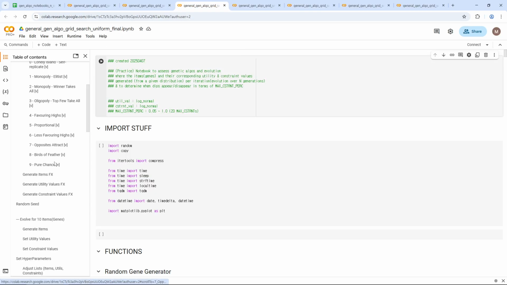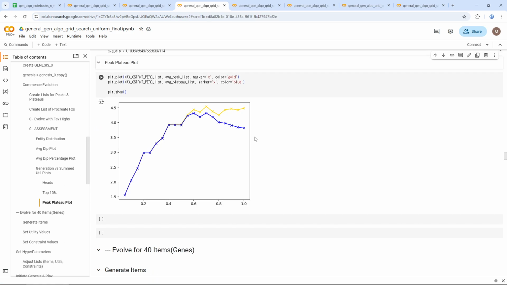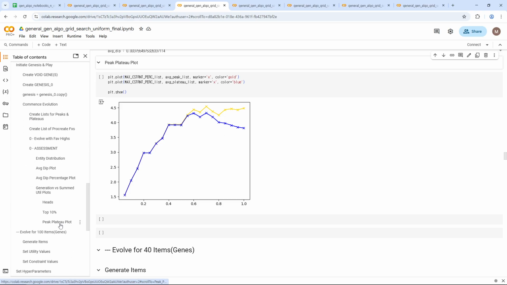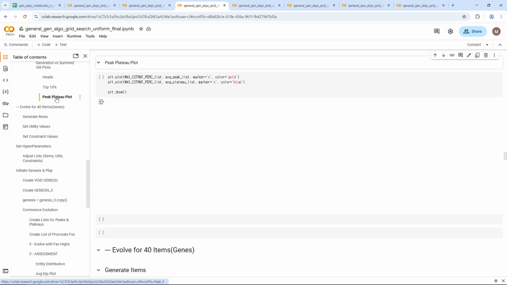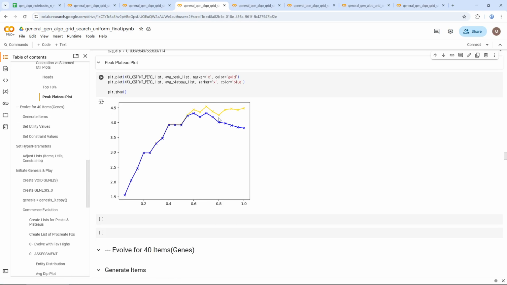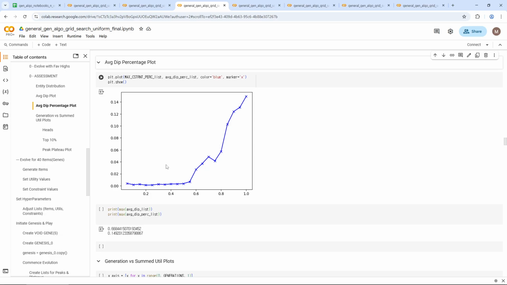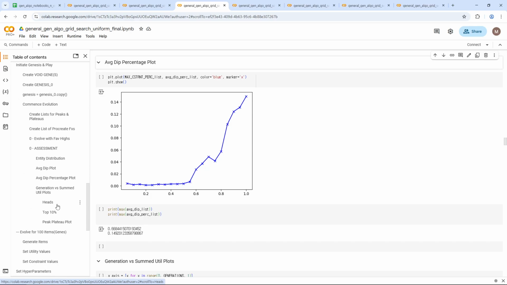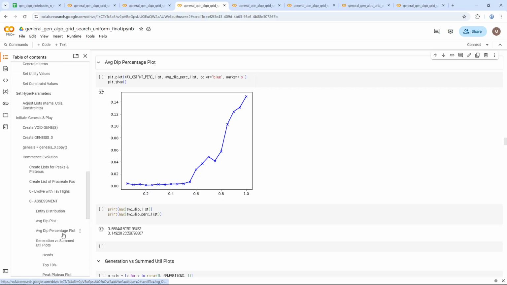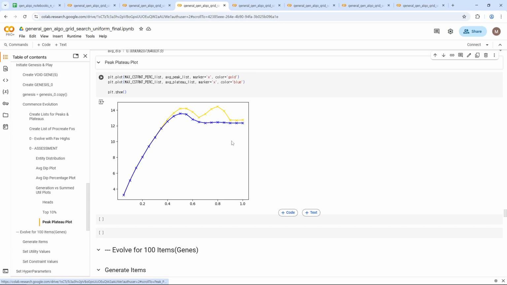So uniform distribution, peak plateau plot for 10 items, this is what it looks like. For 40 items, this is what it looks like. If you see here, the dip percentage plot just keeps going up, and even when we look at the average dip percentage plot for 40 items, it comes back down, which we can see here.